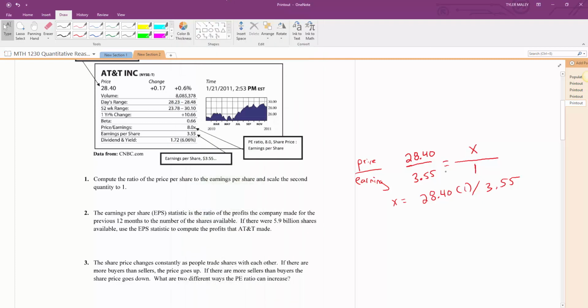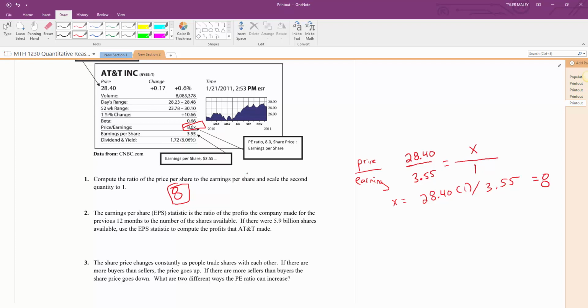Notice that's where this PE ratio value is coming from. It's like setting up a proportion, scaling the second quantity to 1. And when we scale a quantity to 1, if you remember from the text, that's called a unit rate.